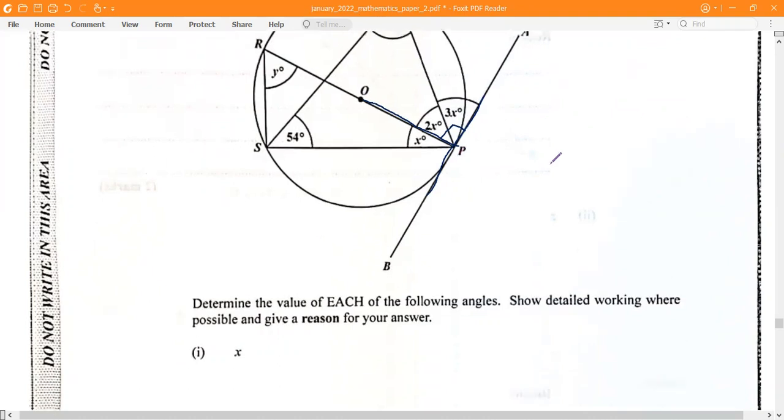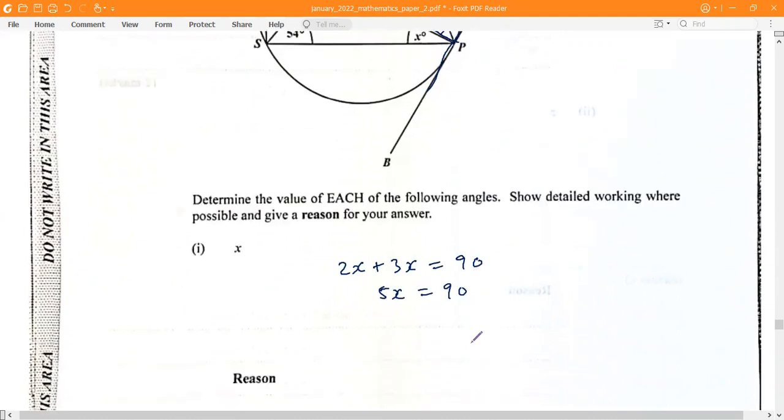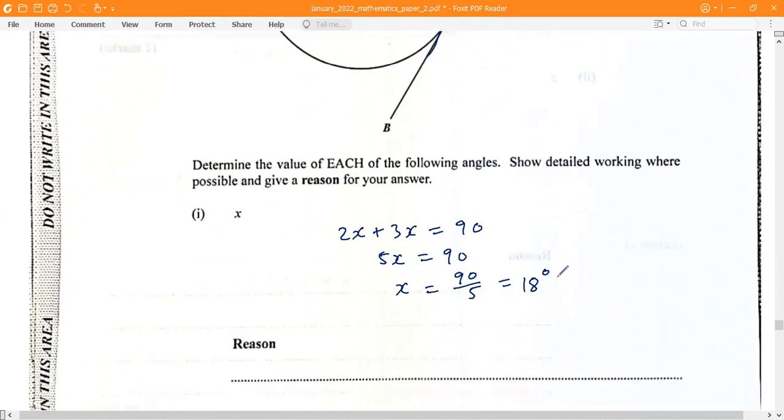That means 2x plus 3x must add up to 90 degrees. So 2x plus 3x is 5x, and we divide 90 by 5 because we divide both sides by 5, and we get 18. So x is equal to 18 degrees.